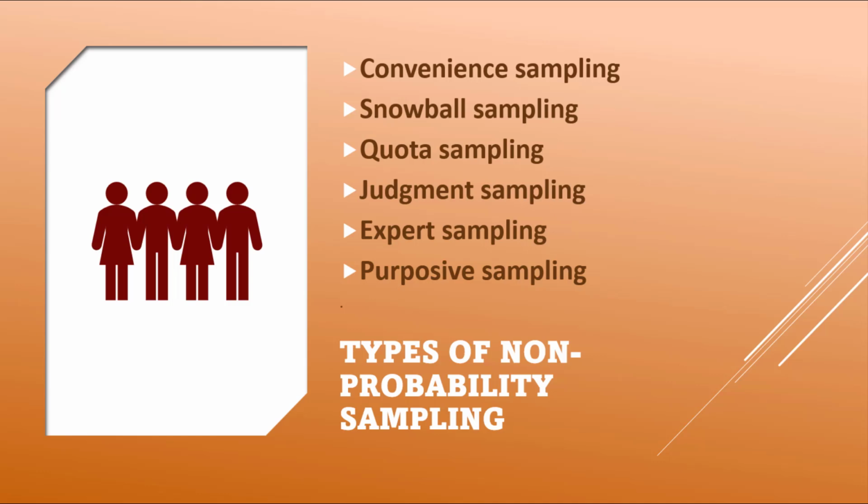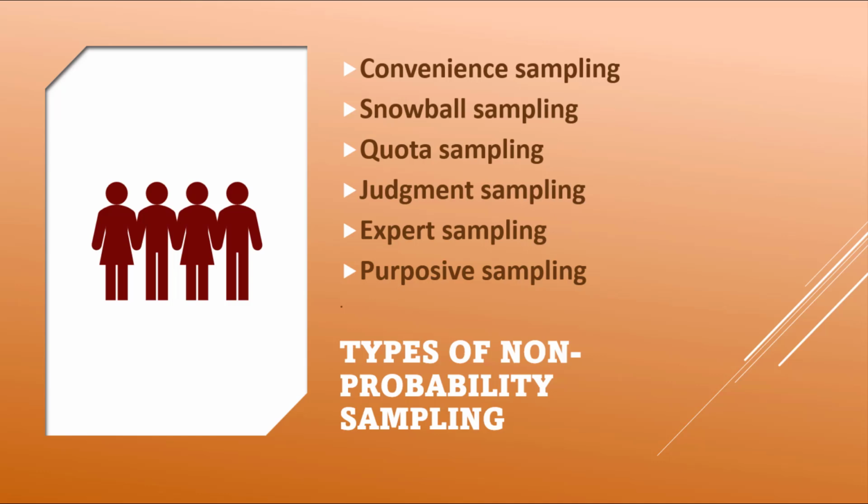Then we have judgmental, or we can say judgment sampling. In this sampling technique, the sample is selected by the researcher's own judgment. If researchers feel that specific respondents should be part of the sample based on their own judgment, this sampling technique is known as judgment sampling.